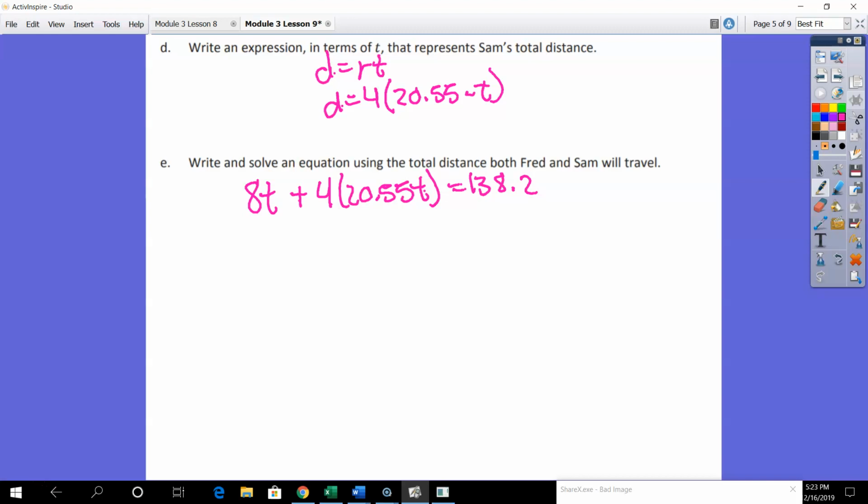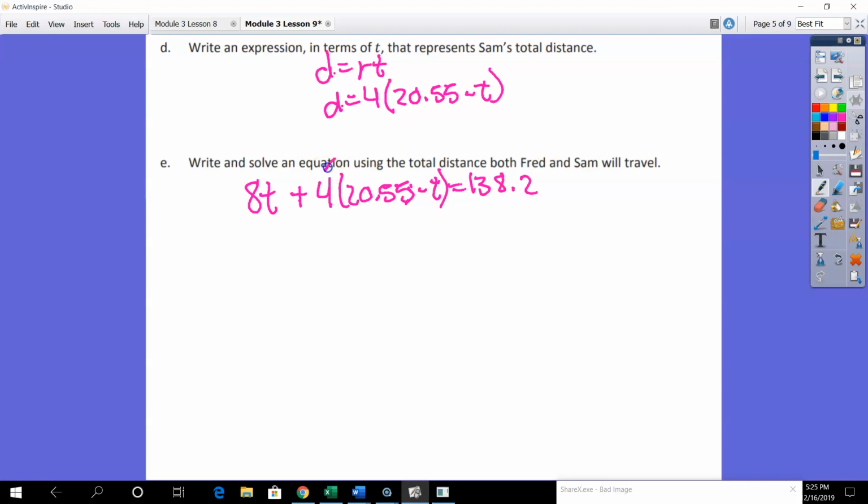Okay, so looking at this, I see those parentheses, and so I need to, whoops, that's supposed to say minus T.